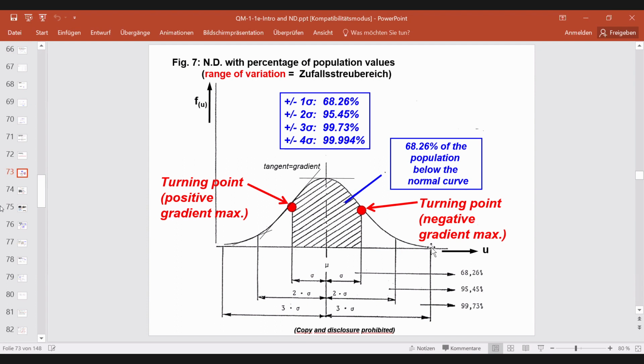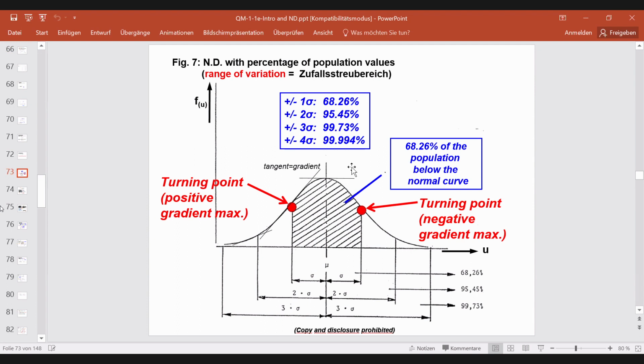If you take plus minus 3 sigma, you have 99.73% between these limits, plus 3 sigma, minus 3 sigma. And if you take plus minus 4, which is not shown here in the diagram, then you would have 99.994% of all the parts inside plus minus 4 sigma.